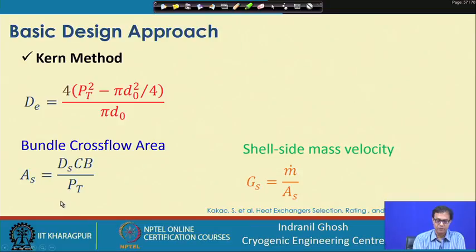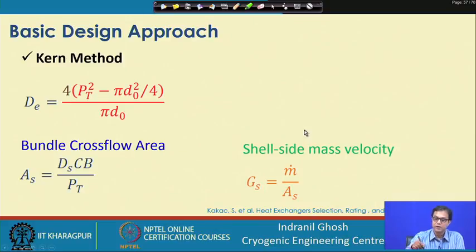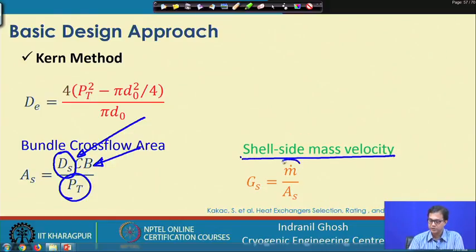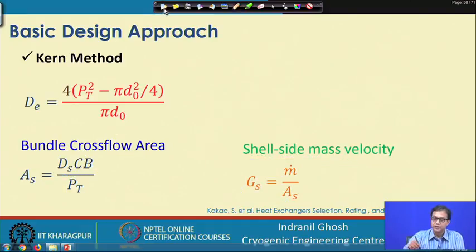So, here this ds is the shell diameter, this C, as I told you earlier, is the clearance, this is the baffle spacing, and Pt is the pitch, the transverse pitch, and the shell side mass velocity is the mass flow rate divided by the bundle cross flow area As. From here we have to put this value to get the mass velocity on the shell side. So, let us try to get those values.